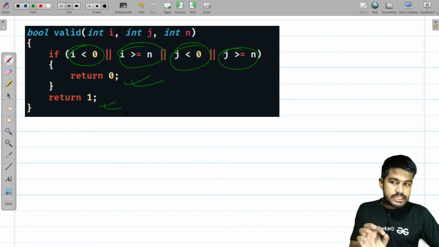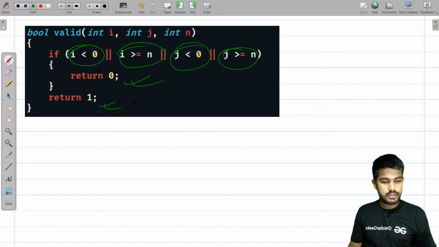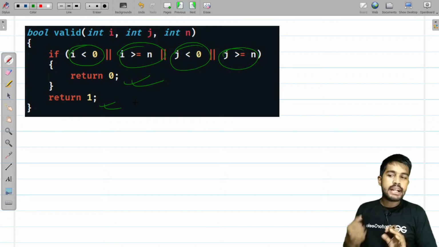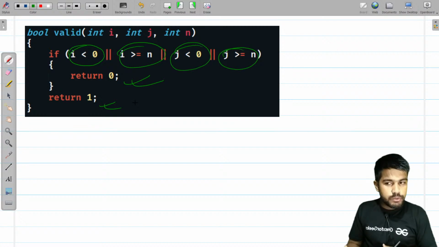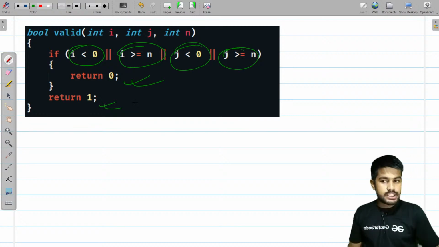Am I clear with this? This is a very small utility function, but it would help a lot. You don't need to check this every time. You can directly give it the values and it tells you whether the position I am about to visit is valid or not. Am I clear with this or not?